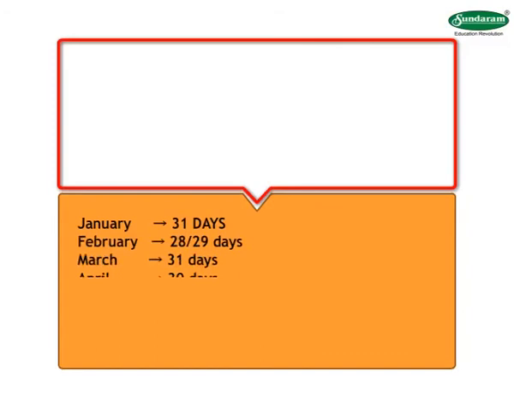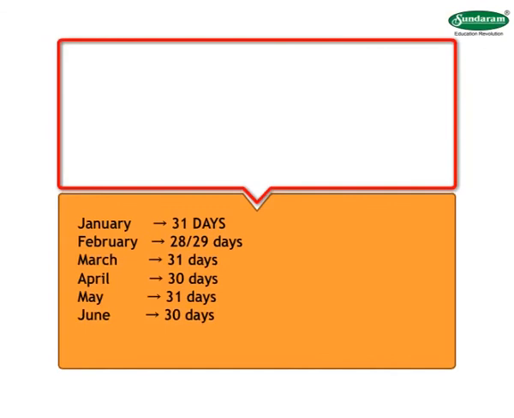Let us now see the number of days in each month starting with January. January has 31 days. February has 28 or 29 days. March has 31 days. April has 30 days. May has 31 days.